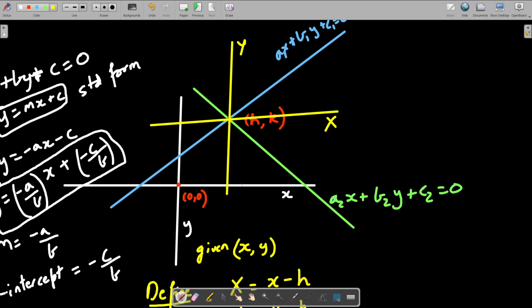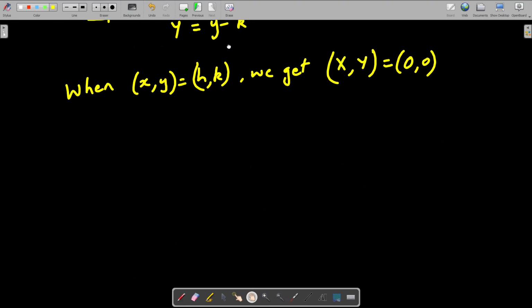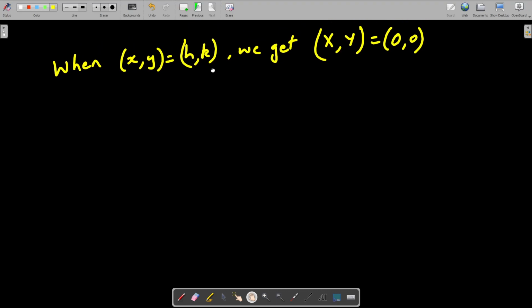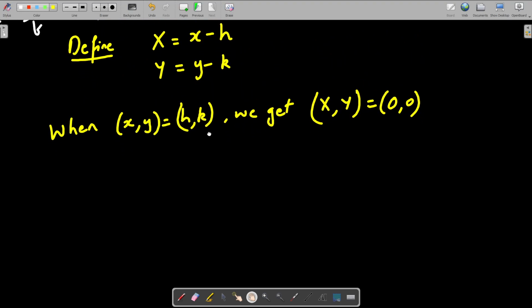Okay, so let us continue now. So this is the change of variable which we are interested in looking at.